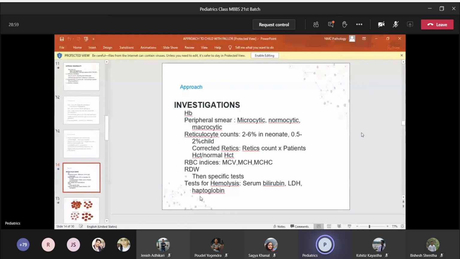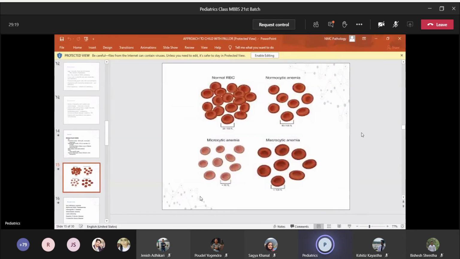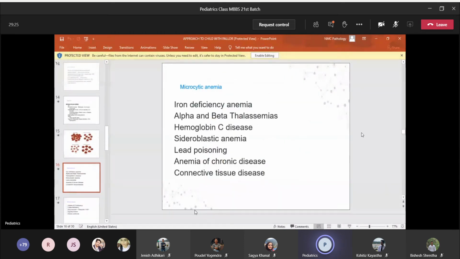If the patient presented with hemolysis, that means reticulocytes will be high, more than 5%, maybe 6%. So this is the investigation in a patient who presented with pallor. It may be microcytic, normocytic, or macrocytic.